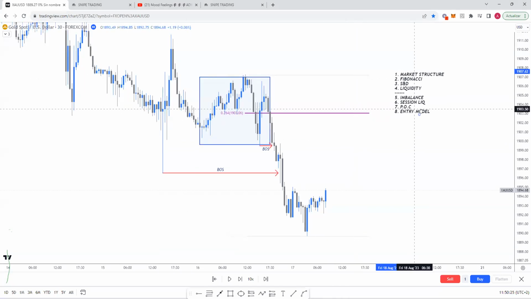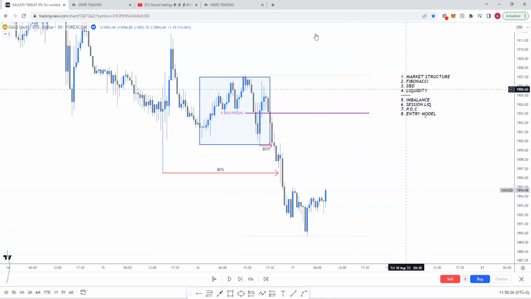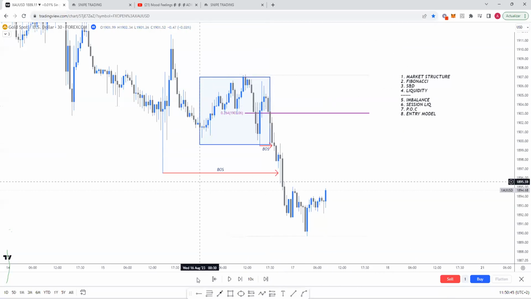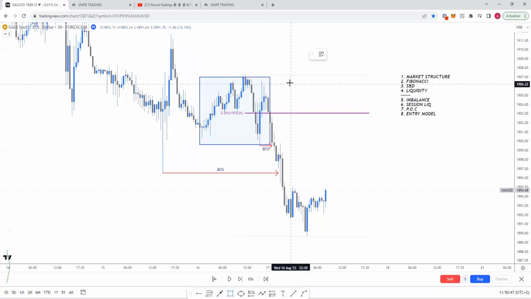Then, next confluence, supply and demand within the consolidation. Supply and demand, sorry, within our premium area in this case, because we're looking for sells. 0.764 indicates our premium area where we want to look for our supply and demand zones based on the market structure and fib. So supply and demand zone within this area clearly is this one.